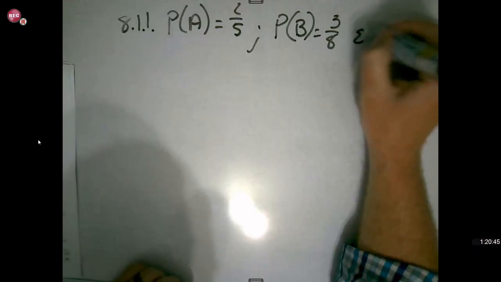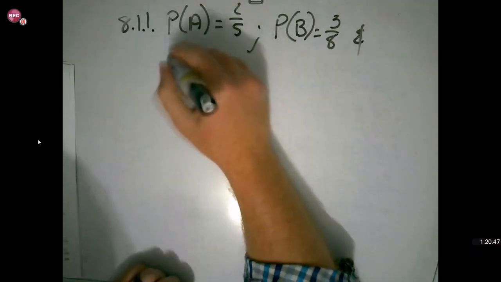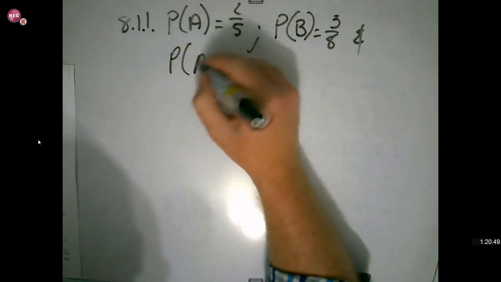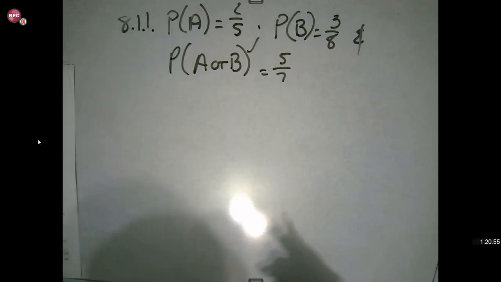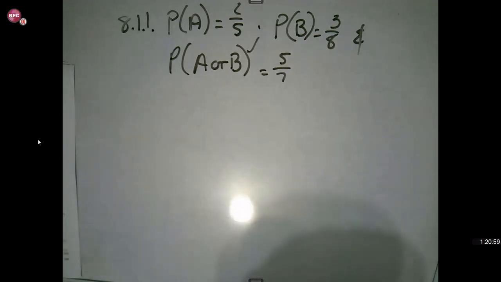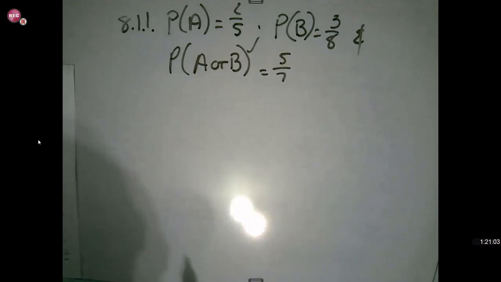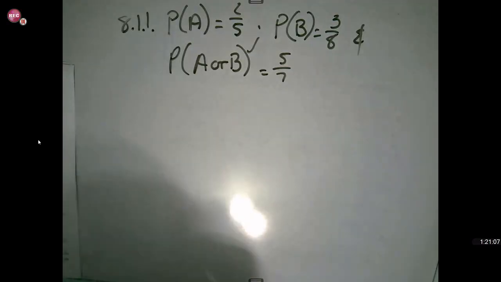And they say event A or B is equal to 5 over 7. Okay. They give you all this nonsense. Calculate the probability of event B.